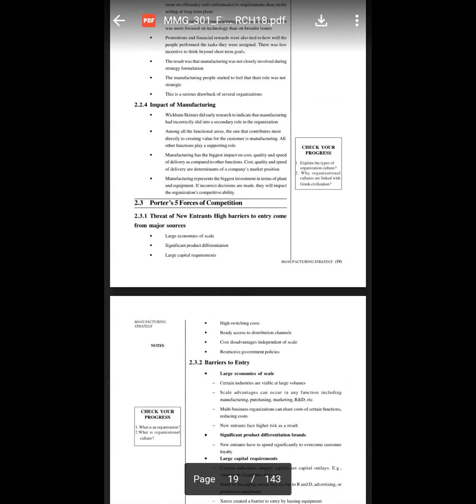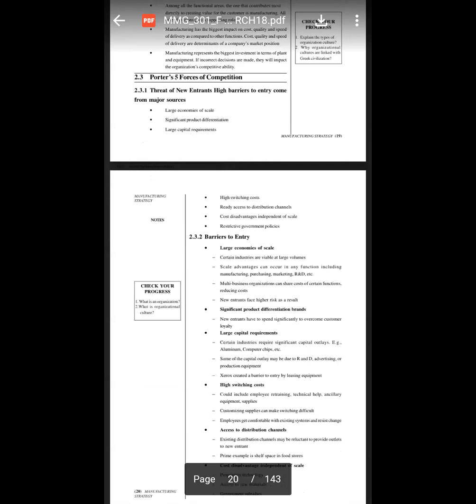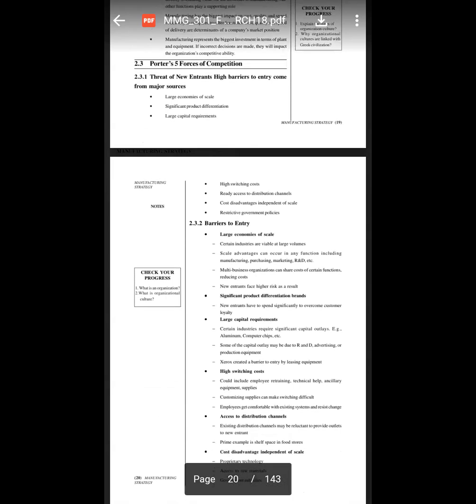Now, impact of manufacturing, and what are the five forces of competition? See, threat of new entrants: barriers to entry come from major sources. Definitely there is a lot of competition in each and every field. Now how to tackle that competition?